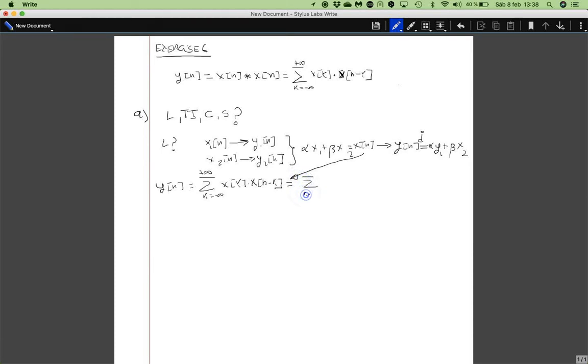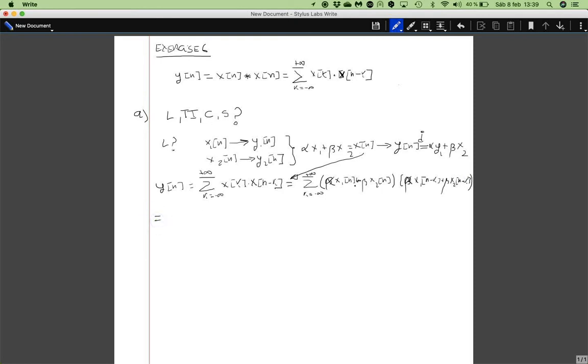So this will be the summation from k equal minus infinity to plus infinity of the first x[k], which is the linear combination alpha x1[k] plus beta x2[k], multiplied by the input in n minus k, so alpha x1[n minus k] plus beta x2[n minus k]. So that is the expression.